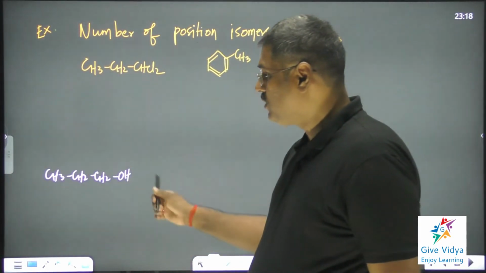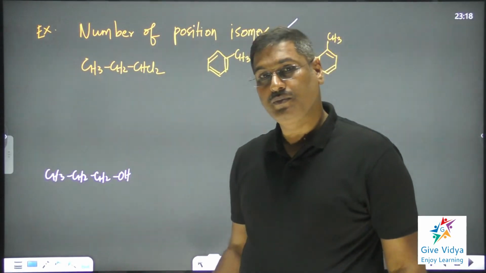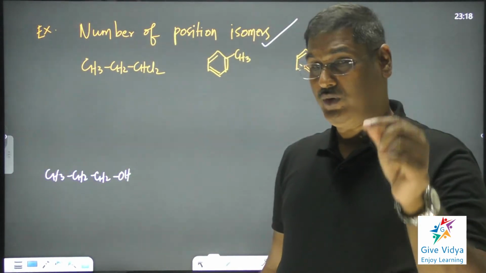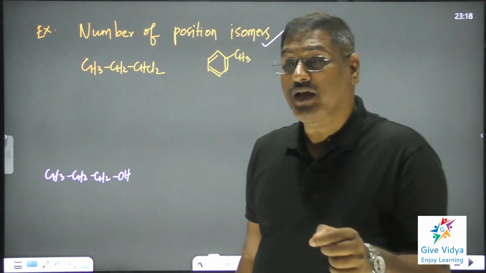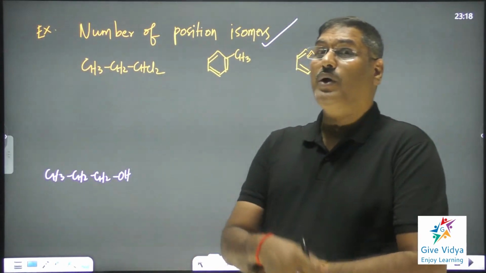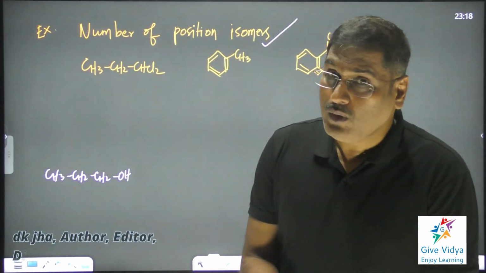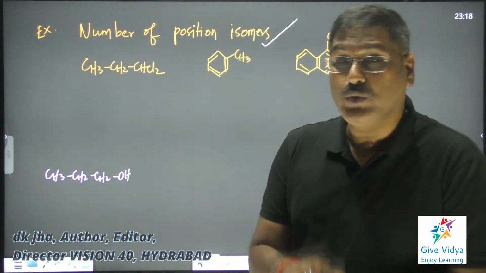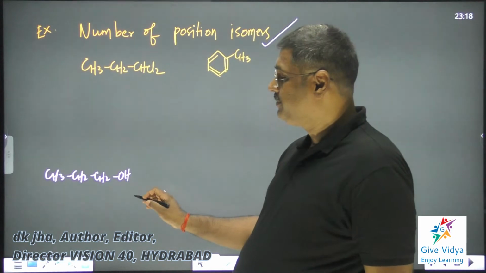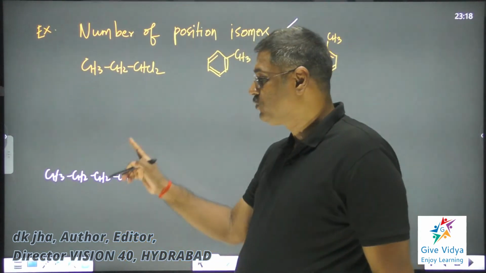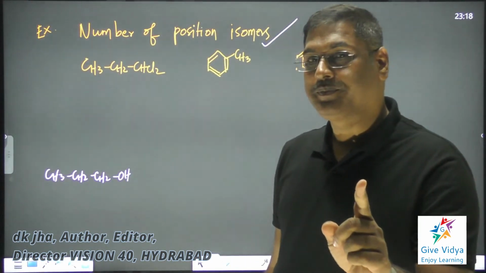Here, you should not think that it has 2 isomers. Position isomer of propan 1-ol is propan 2-ol. You can't say position isomers of propan 1-ol are propan 1-ol and propan 2-ol. No, you can't speak like this. So for this one, the number of position isomers is 1. Propan 2-ol.